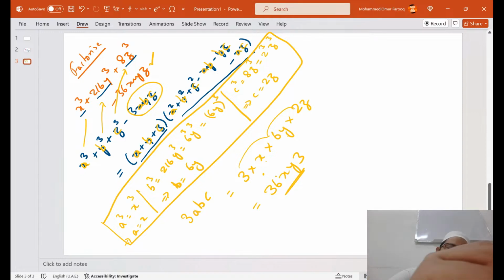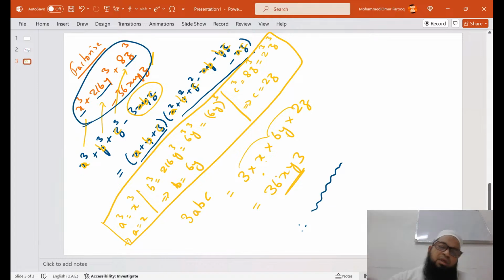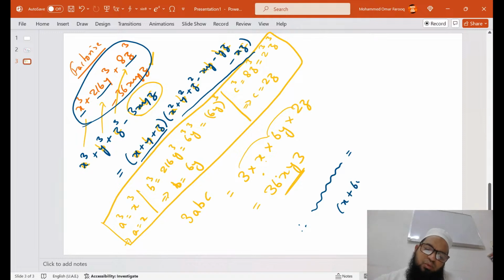Therefore the given expression can be written as (a plus b plus c), which means (x plus 6y plus 2z), multiplied by a square plus b square plus c square minus ab minus bc minus ac.